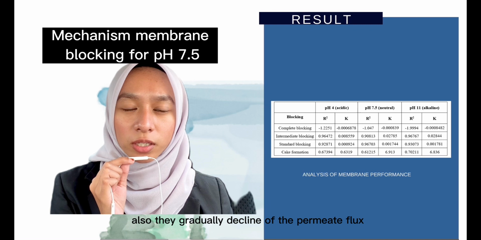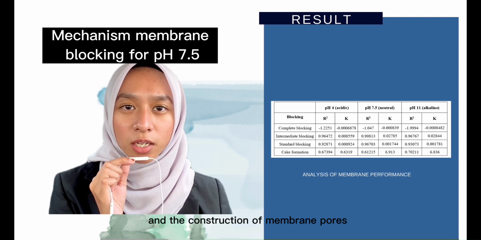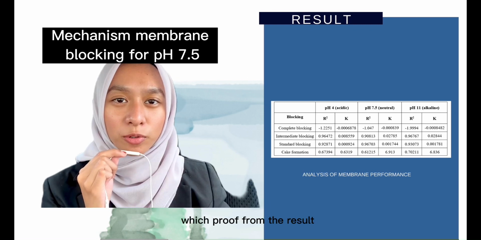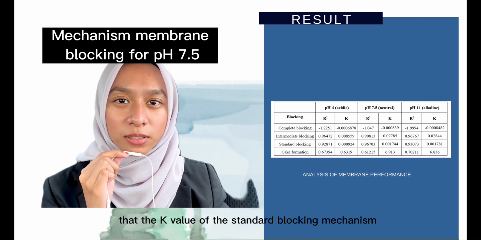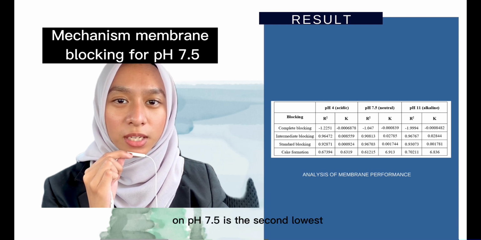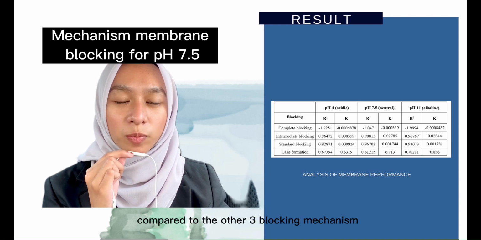Also, the gradual decline of the permeate flux for pH 7.5 is due to the low rate constants and the constriction of membrane pores due to small particles depositing onto the pore walls, which is proven by the result that the K value of the standard blocking mechanism at pH 7.5 is the second lowest compared to the other three blocking mechanisms.